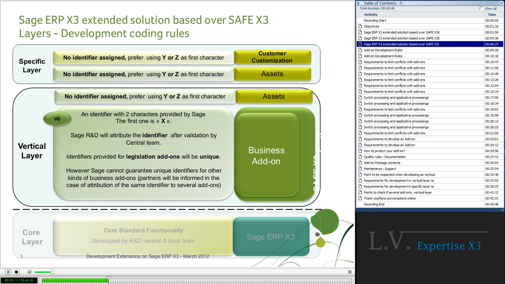So we can give identifiers on 3 characters in version 7.